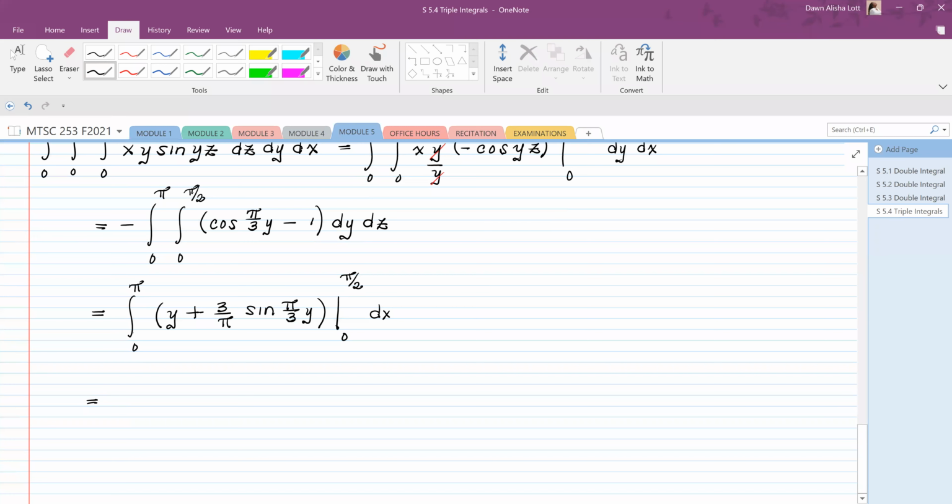Yes. Okay, so this is the integral from 0 to pi. And so now I'm going to put pi over 2 in for y. So I get pi over 2 plus 3 over pi, the sine of pi squared over 6.